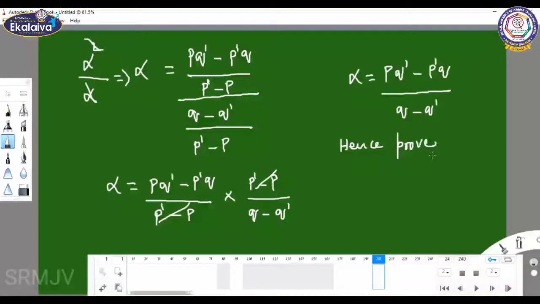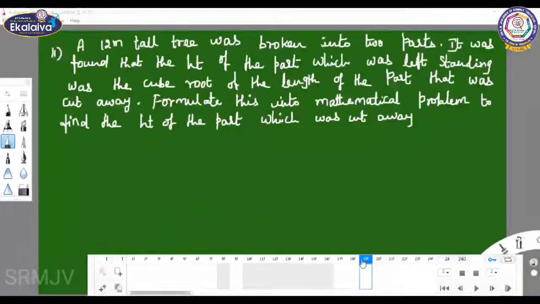Next, you move on to the next sum. A 12-meter tall tree was broken into two parts. It was found that the height of the part which was left standing was the cube root of the length of the part that was cut away. See here, you can assume this is a tree.